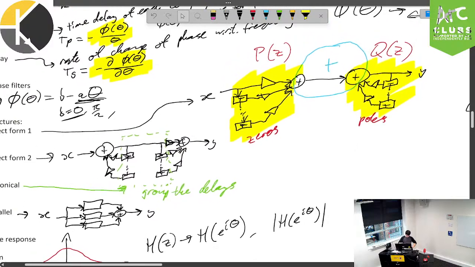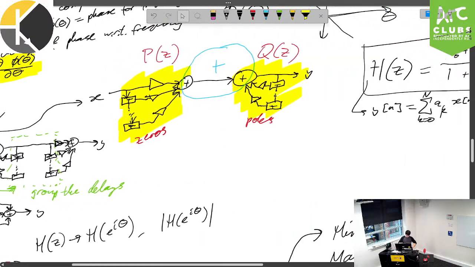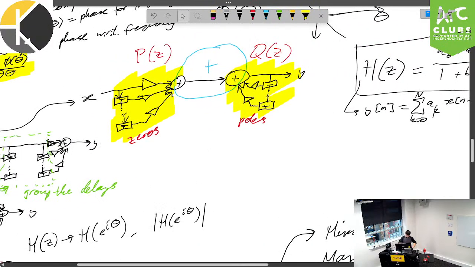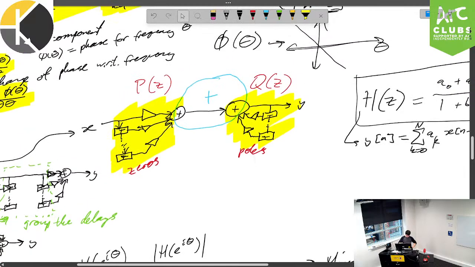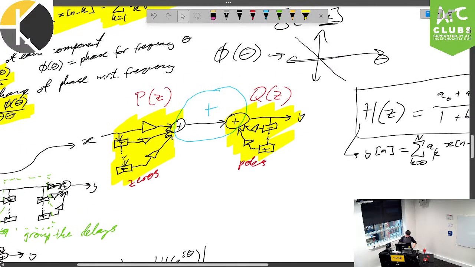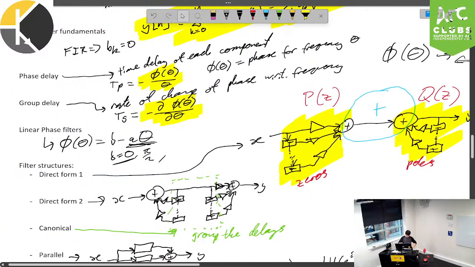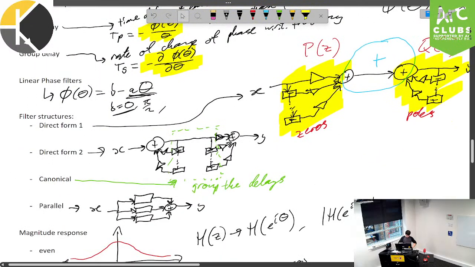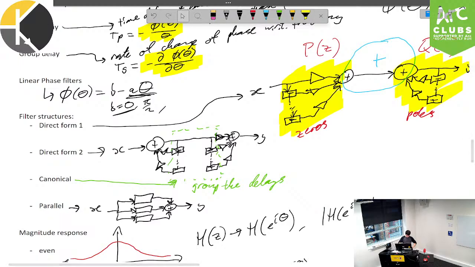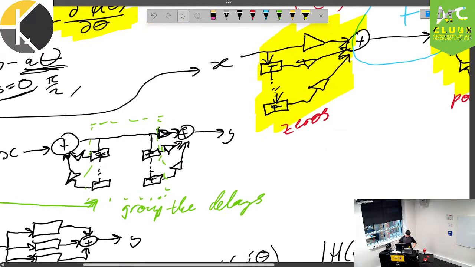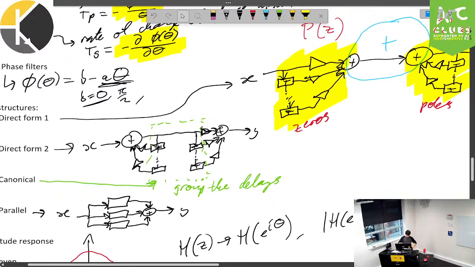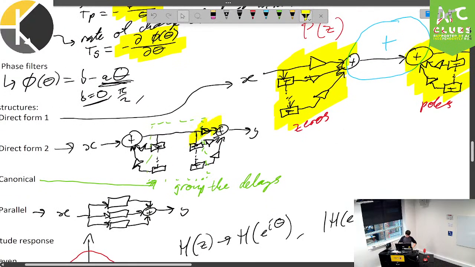Now, to recognize the usefulness of this manner of expression, we can go ahead and actually move things around. And we'll notice that when converting between direct form 1, direct form 2, and the canonical form, all we do is we keep the exact same transfer functions.